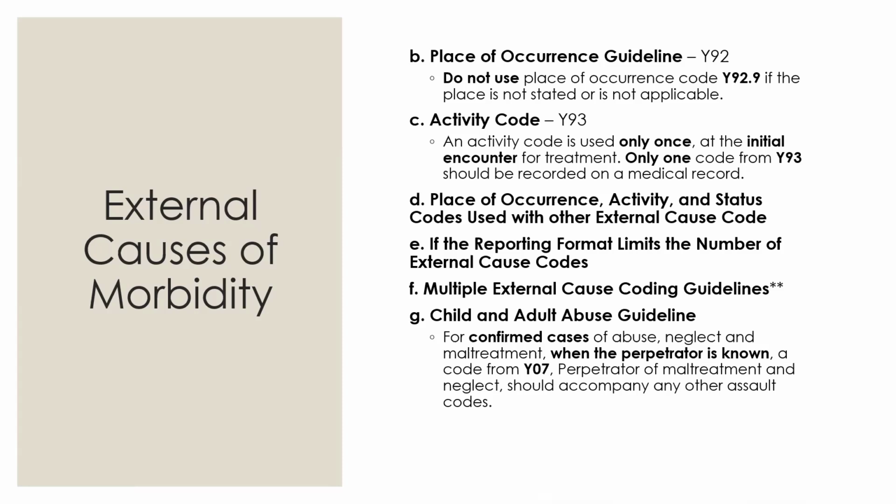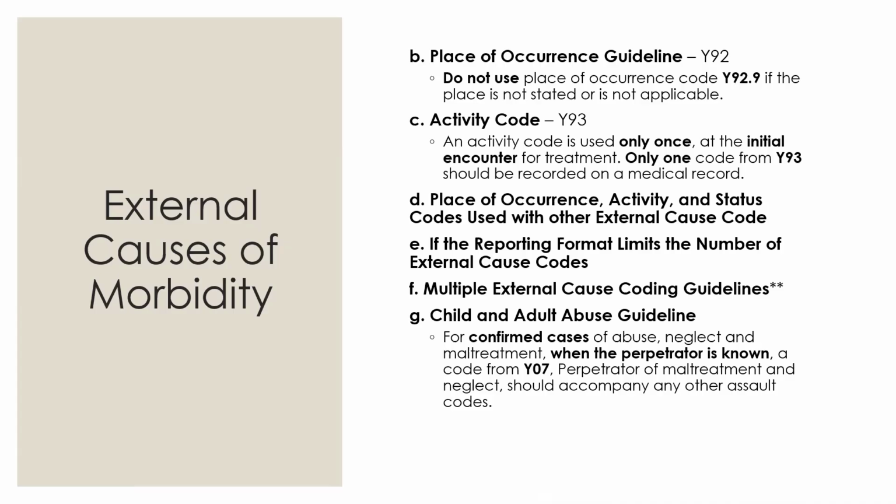Multiple external cause coding guidelines. More than one external cause code is required to fully describe the external cause of an illness or injury. The assignment of external cause codes should be sequenced in the following priority.